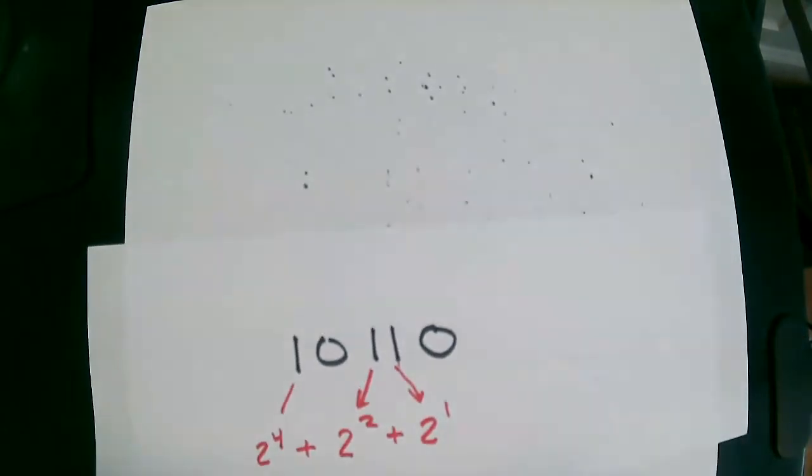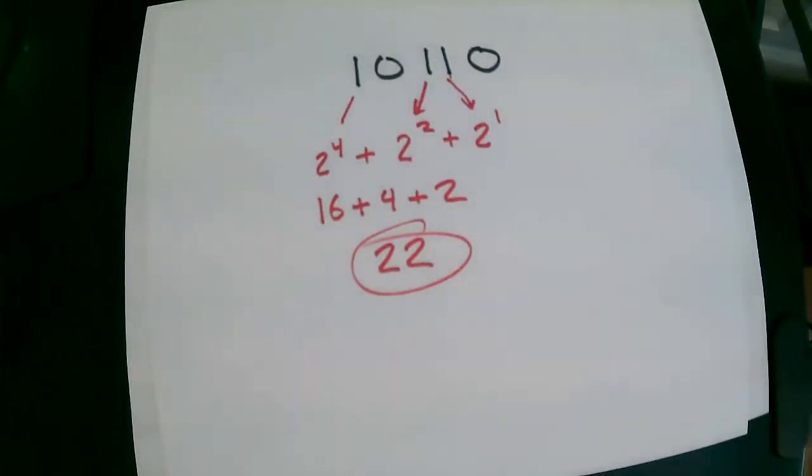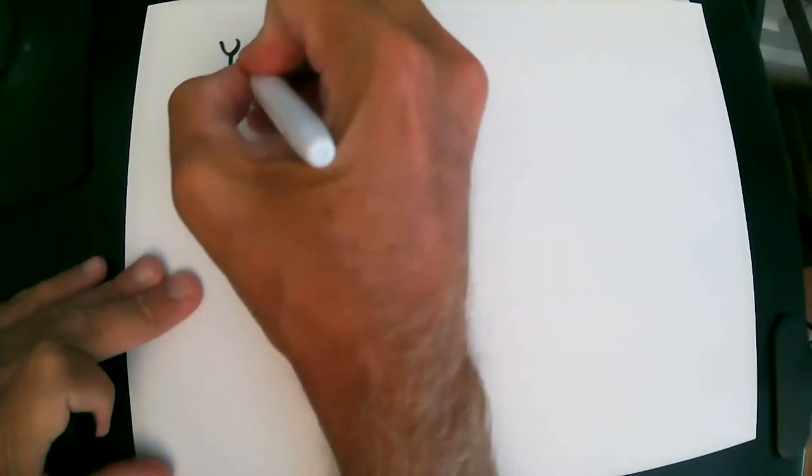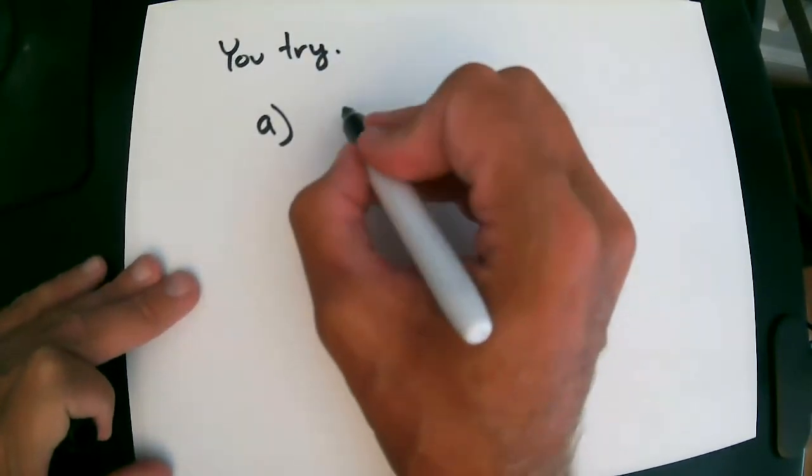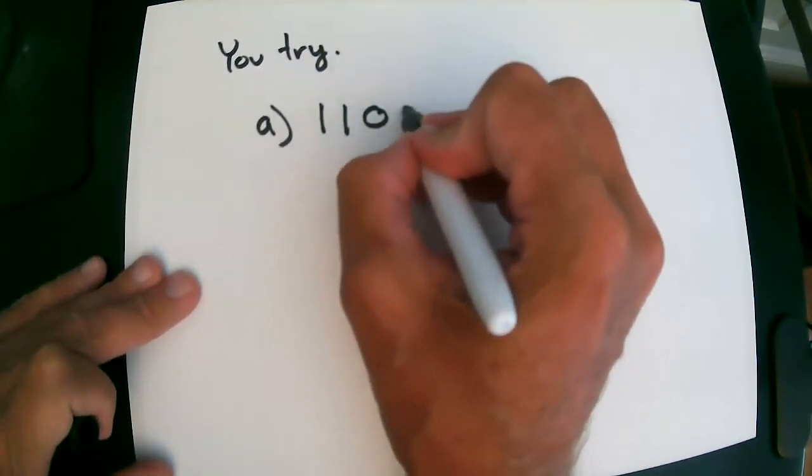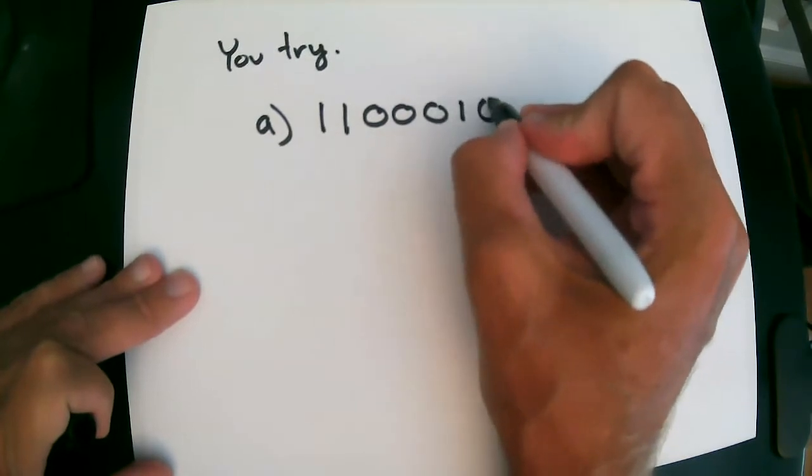I'll show 2 more examples, but what I want to do this time is just give you a little bit of time to try it. So let's try. Here's example number 1. I'm going to do 1, 1, 1, 2, 3 zeros, a 1 and a 0.